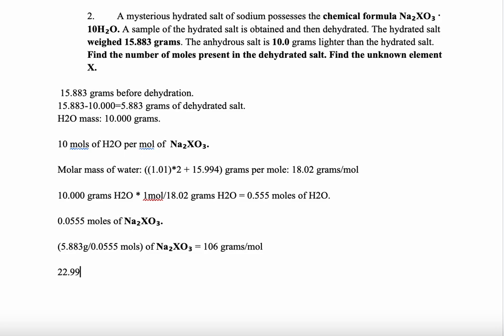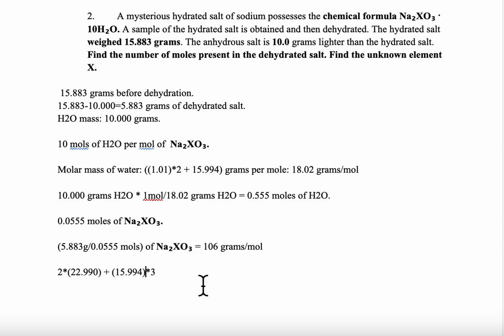We'll take 22.99 grams per mole as the molar mass of sodium, and add 15.994 times 3, because there are 3 oxygen atoms in the compound.